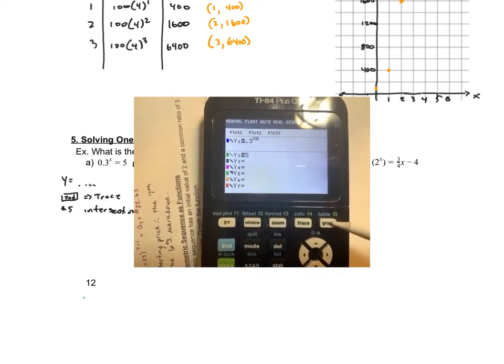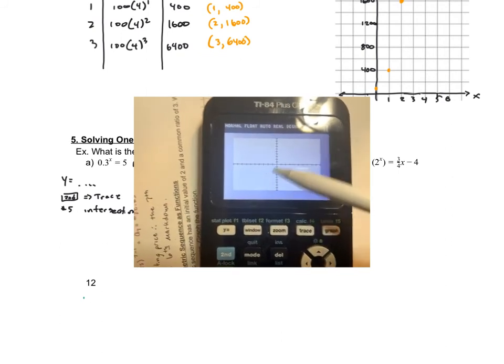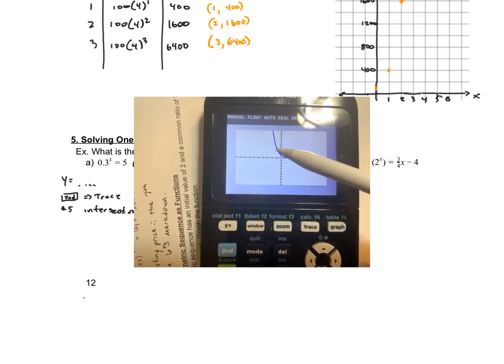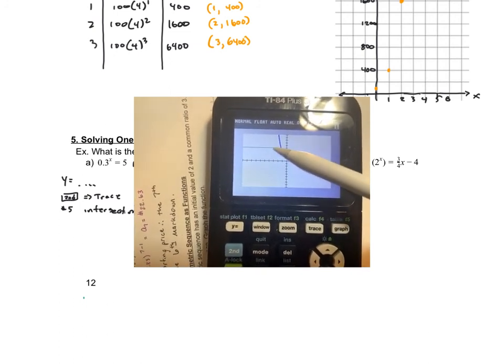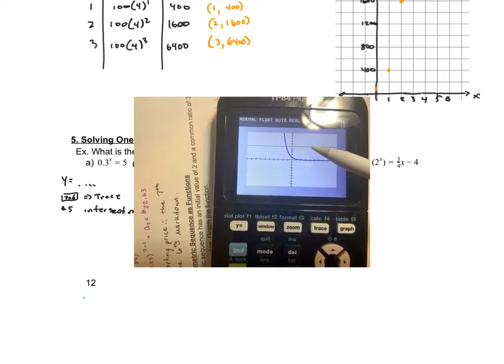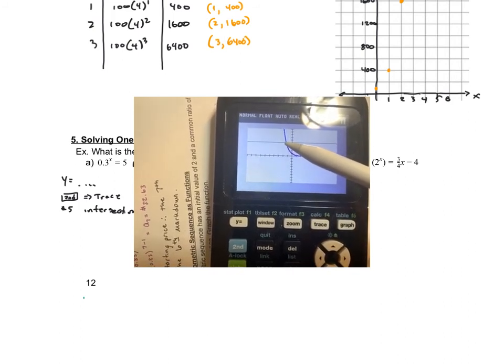And so when I go ahead and graph, I can see here is my exponential function coming down, and then here is my y equals 5 function, and I'm trying to figure out what this point is right here.